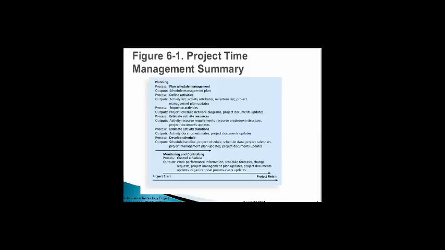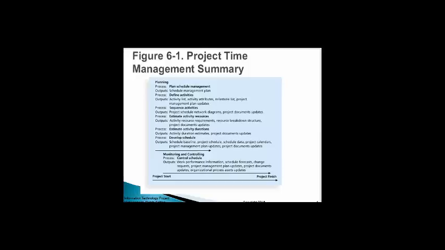And then we see here our summary of the different processes and the outputs that are involved in the project management plan, the project time management part of it. There's the planning schedule management, which involves determining the policies, procedures, and documentation used for planning, executing, and controlling the project schedule. We're going to define activities.